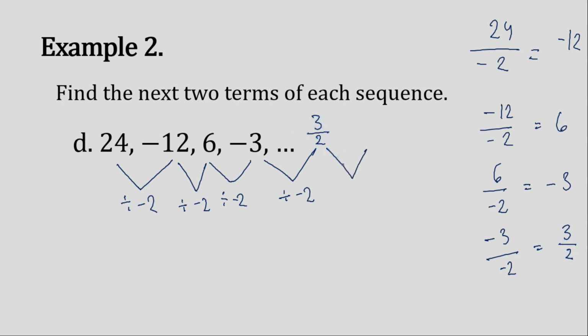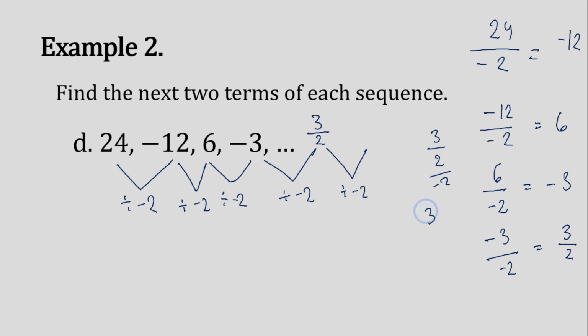Now let's try to divide this again. Divided by negative 2. So we have 3 over 2 divided by negative 2. So this is a complex fraction. All we need to do to solve for a complex fraction is to get the reciprocal of the denominator and multiply it to the fraction numerator.